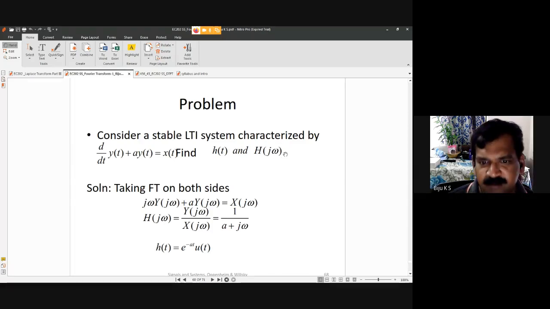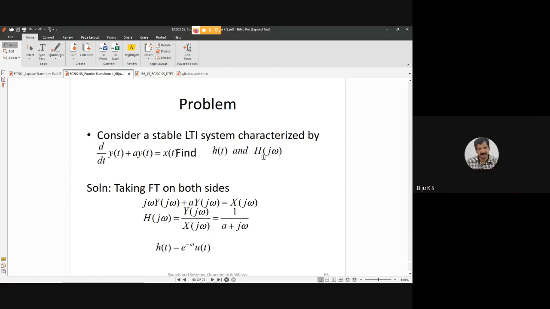Here also we first find the transfer function, and from the transfer function you can calculate the frequency response. That is the difference between the earlier problem and this problem.